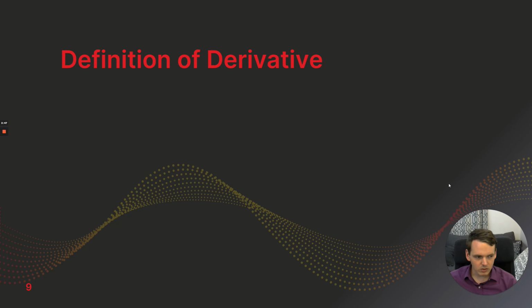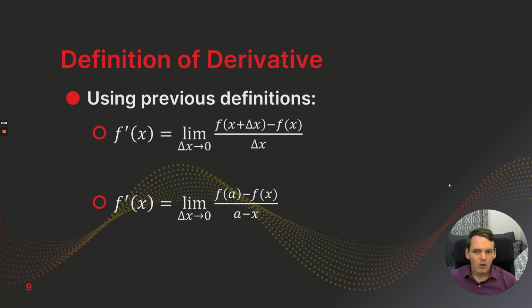So if we want to look into that definition a bit more, using our previous definitions where we wrote the two ways of writing instantaneous rates of change, that's what our definition of a derivative is. So f prime of x is equal to the limit as delta x approaches 0 of f of x plus delta x minus f of x, over delta x.